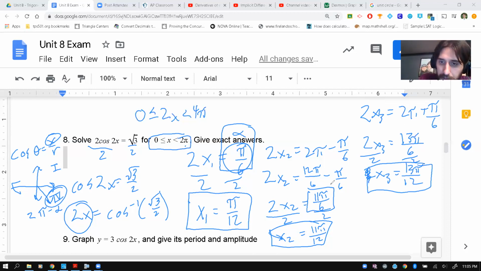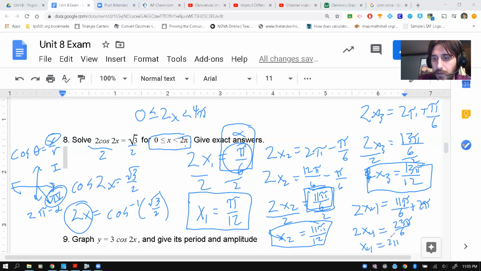To get the fourth answer, remember I'm using this before I divided by 2. My fourth answer will be 11 pi over 6 plus 2 pi. Again, 2 pi is the same thing as 12 pi over 6, plus 11 pi over 6 is 12 plus 11, which is 23 pi over 6. Divide by 2. Fourth answer is 23 pi over 12.